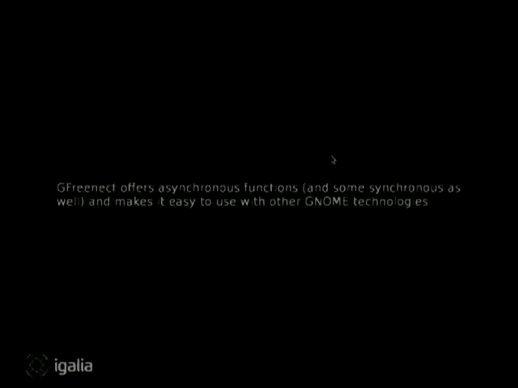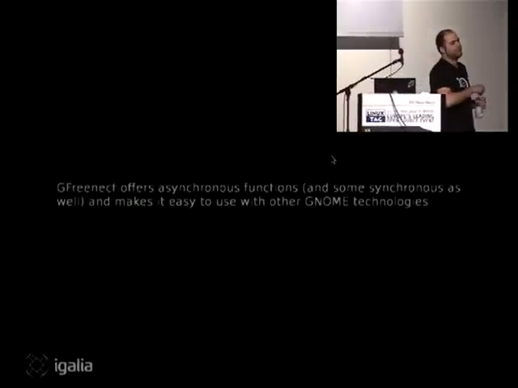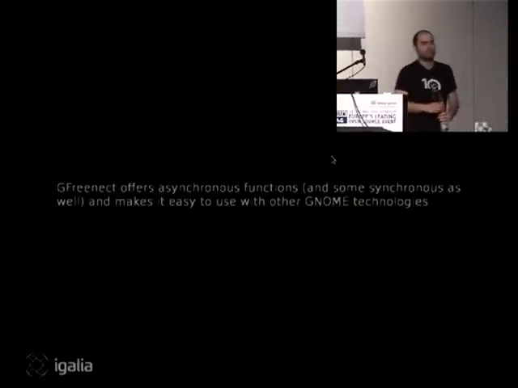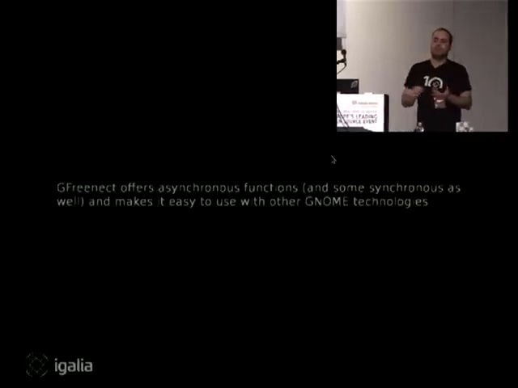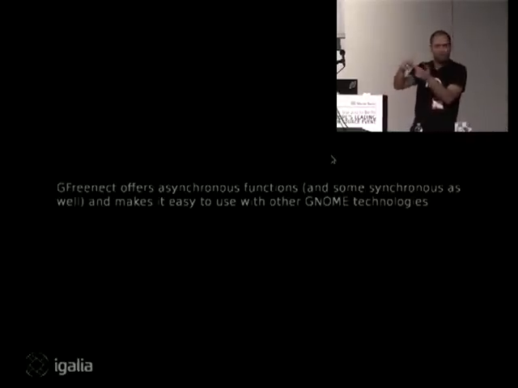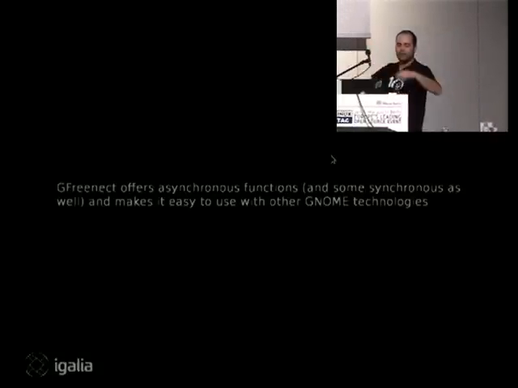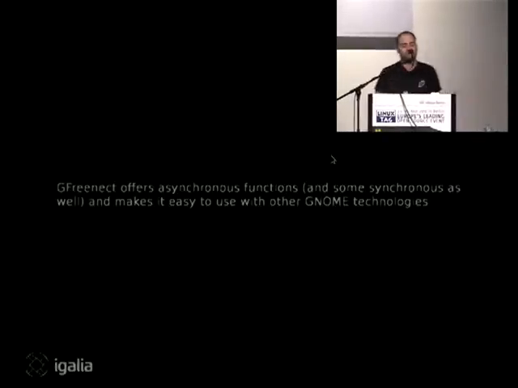So yeah. We also have some synchronous functions because, for example, one of the things that you can do with the Kinect is that it has a tilt, which is a little engine that makes it go up and down when you put it on top of your TV or whatever. So we have an asynchronous function for that.